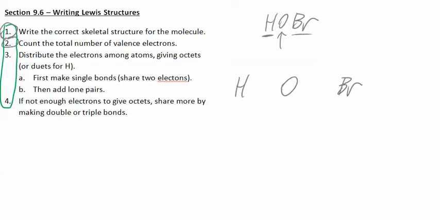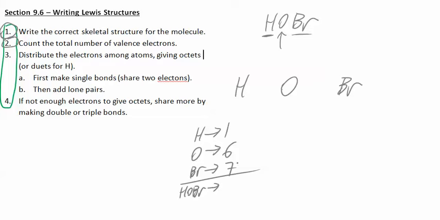The next step is to count up the total number of valence electrons. You add them up as they come from each atom. Hydrogen comes in with 1 valence electron, oxygen with 6, and bromine with 7. So HOBr, 6 plus 1 plus 7, has a total of 14 valence electrons to work with.